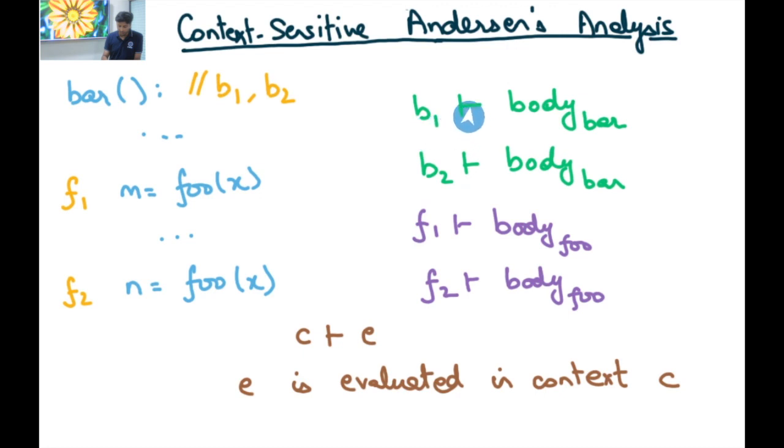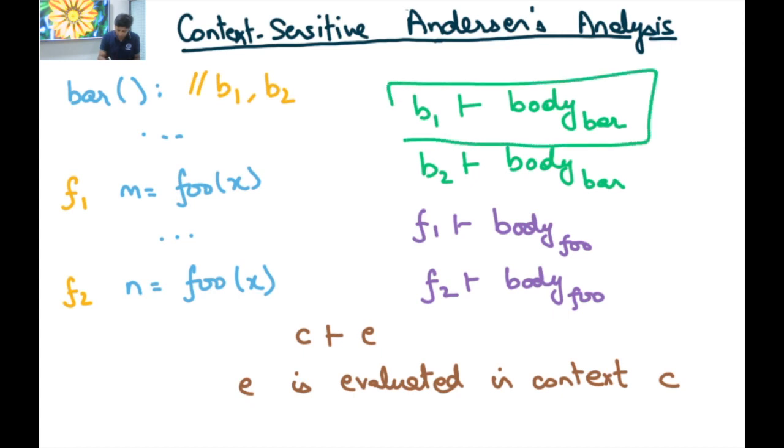So B1 turnstile body bar represents the predicate that body bar is being analyzed in B1. This represents the predicate that body bar is being analyzed in B2.